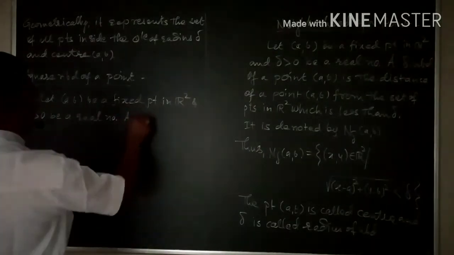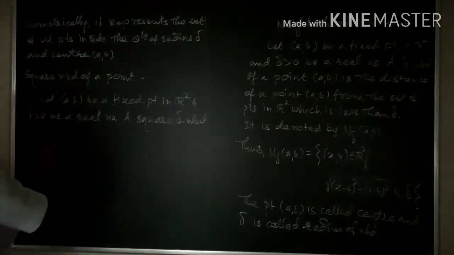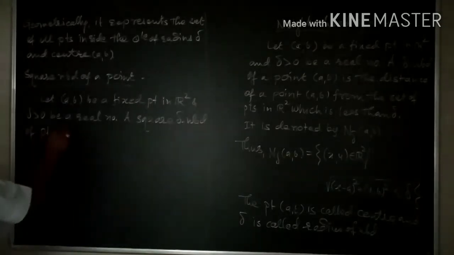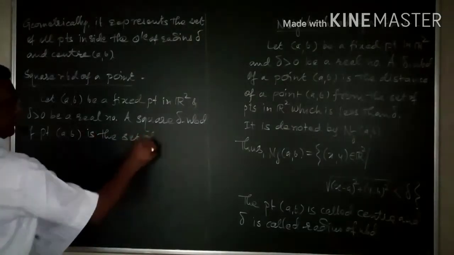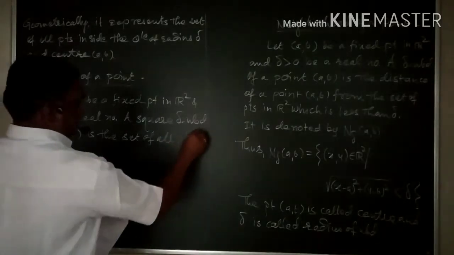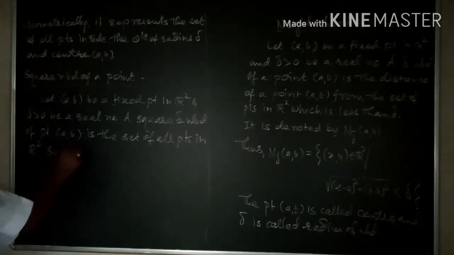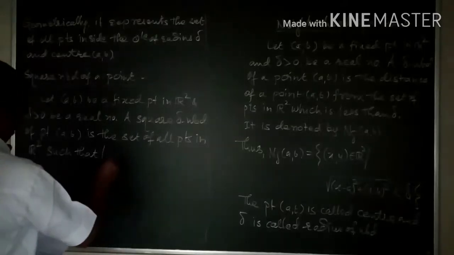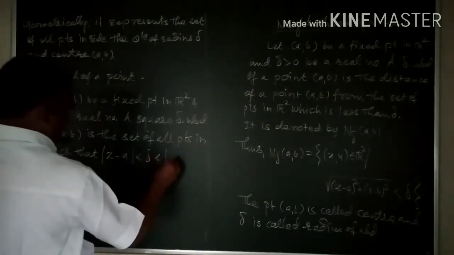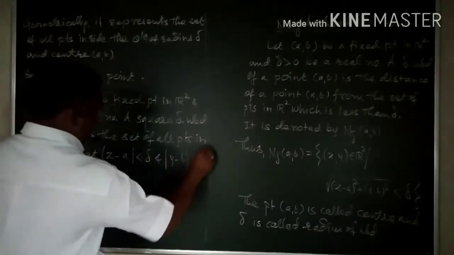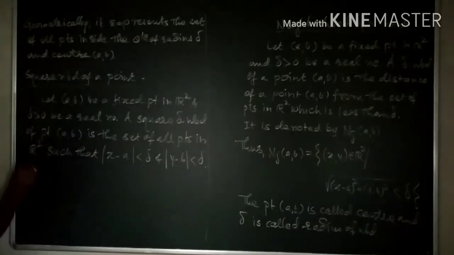A square delta neighborhood of point (a, b) is the set of all points (x, y) in R2 such that absolute value of x minus a is less than delta, as well as absolute value of y minus b is less than delta.